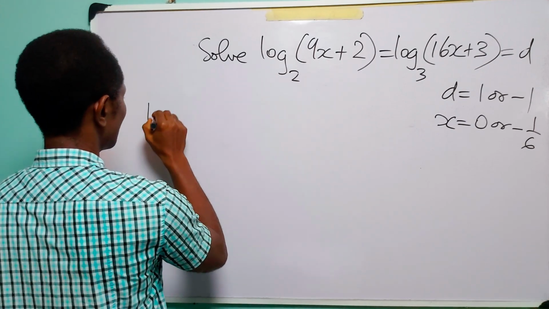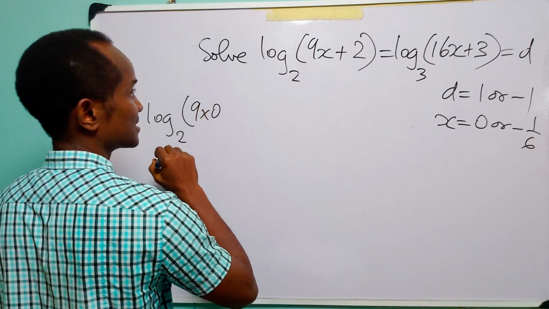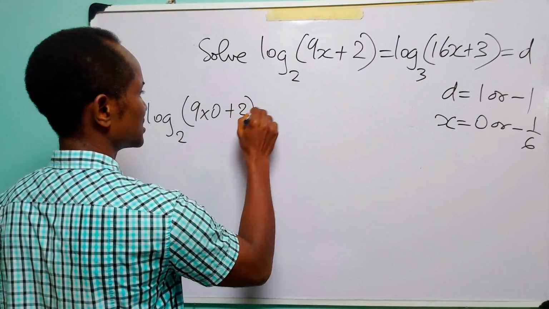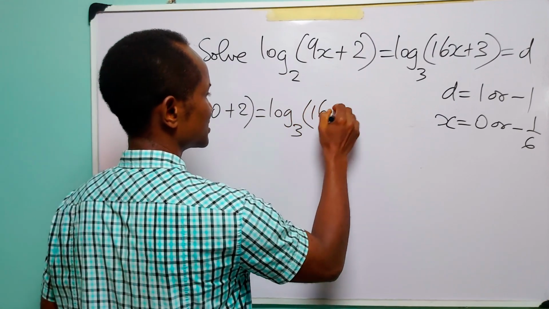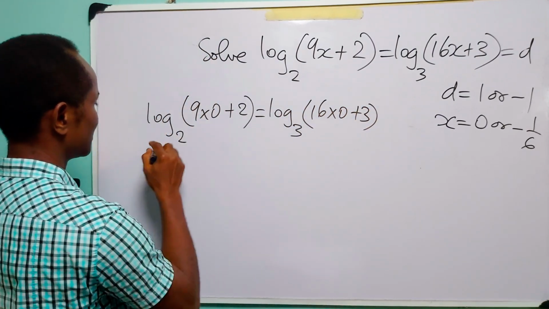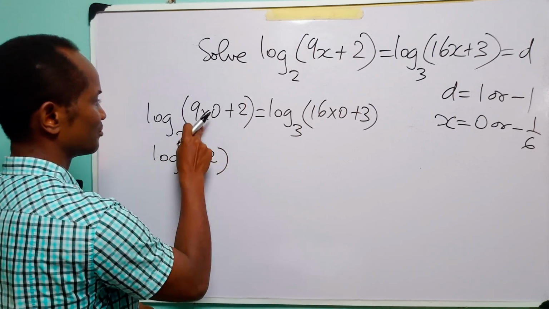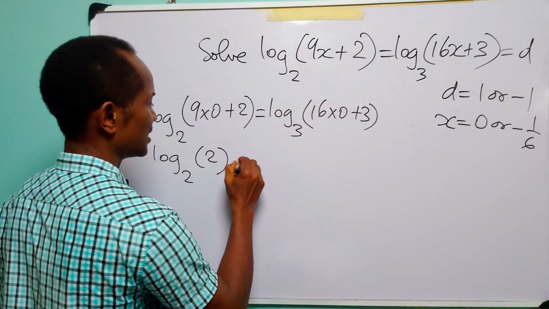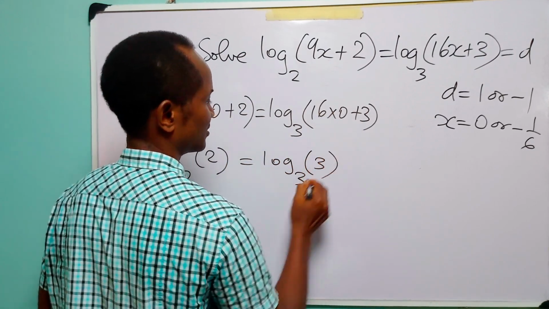So we have that log to base 2 of 9 times 0 plus 2 is equal to log to base 3 of 16 times 0 plus 3. This is log to base 2 of 2, because 9 times 0 is 0, and log to base 3 of 3.